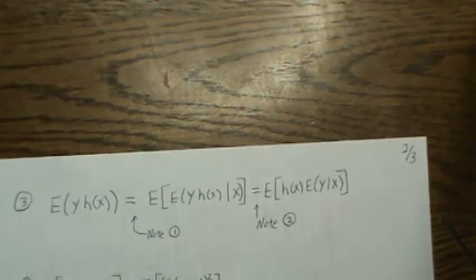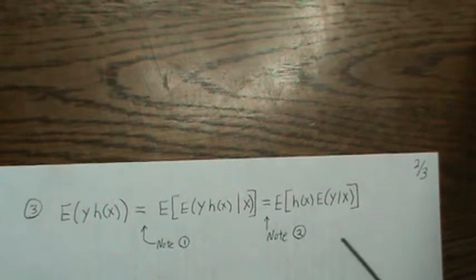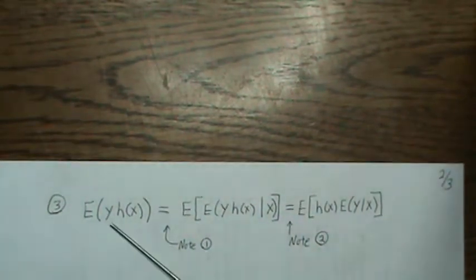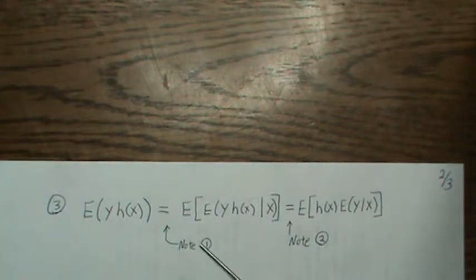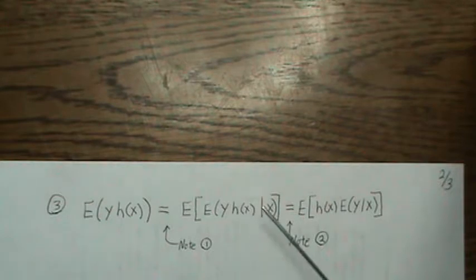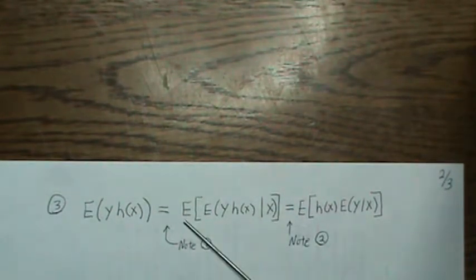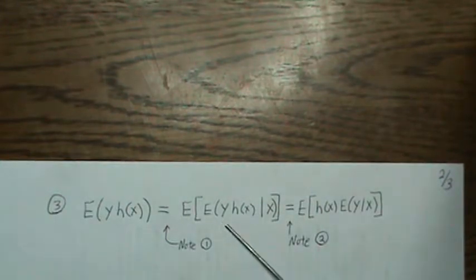So result 3 is we have the expected value of y times a function of x. By result 1, if we condition on x and take the expected value, we just get what's here back.